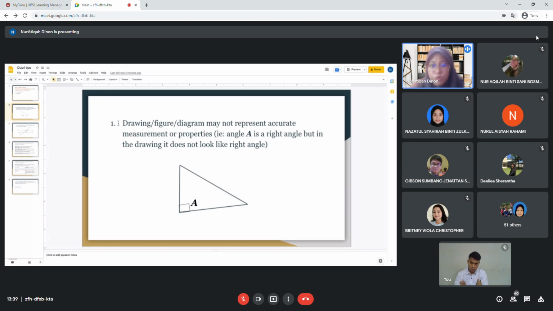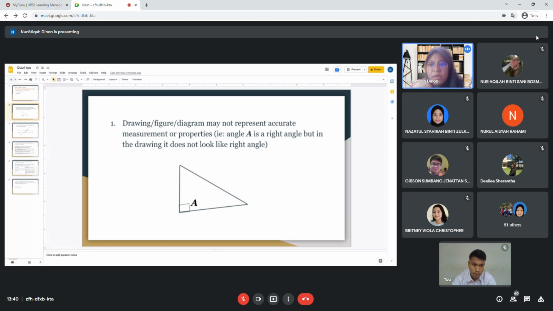But these are things that you need to know. First, the drawing, figure or diagram given in the quiz may not accurately represent the measurements or properties. For example, angle A here. The question says angle A is a right angle, but in this figure it doesn't look like a right angle. Just accept whatever is written or given in the question.